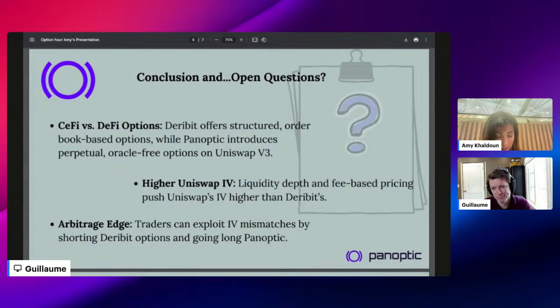Here, IV: we are keeping these metrics and moving them from TradFi to CeFi to DeFi. They still have the same meanings and the same purpose, whether for pricing, modelization, or even comparison.